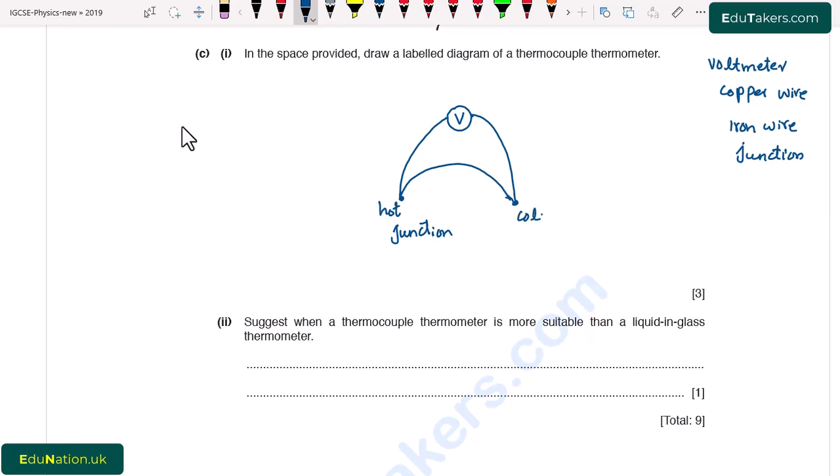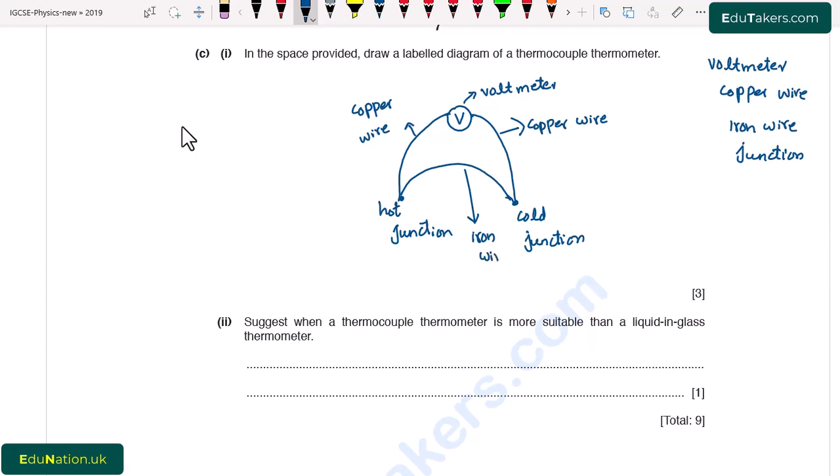This is the cold junction. It is the voltmeter. This wire is copper wire, and this is also copper wire. And this wire is iron wire. So this is a complete diagram of a thermocouple thermometer.